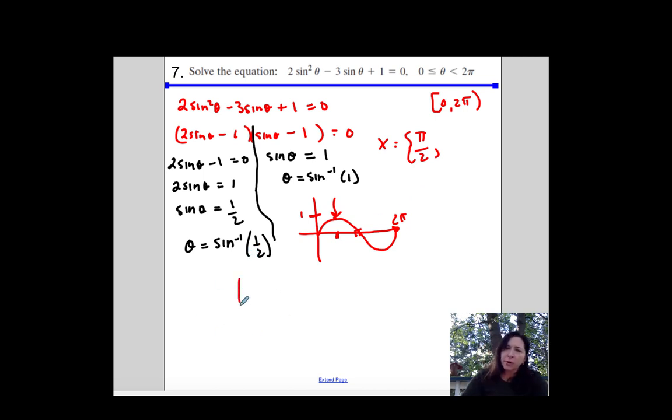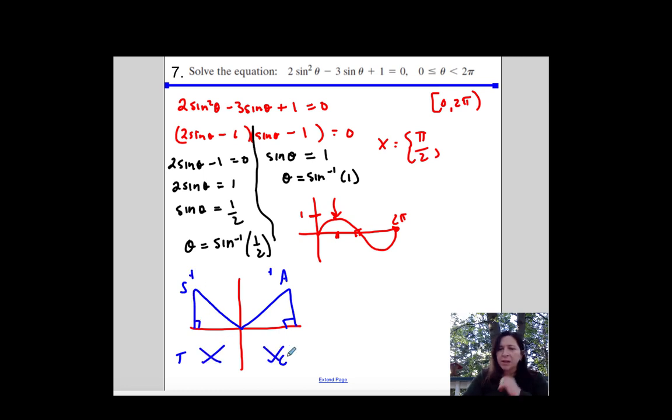And then this one's asking me, where is sine all the way around from 0 to 2 pi? Where is it 1/2? Now remember, all students take calculus. Sine is in the first quadrant, positive, here, and sine is in the second quadrant, positive, here. But here it's negative and here it's negative, so those two are out. So from here to here, sine being opposite over hypotenuse, and root 3 is here, this is a 30-degree angle. 30 goes into 180 6 times.